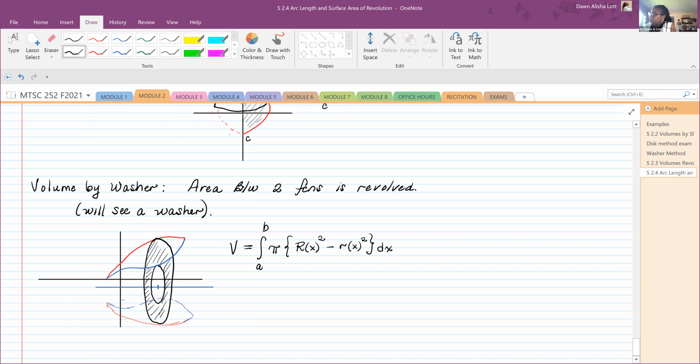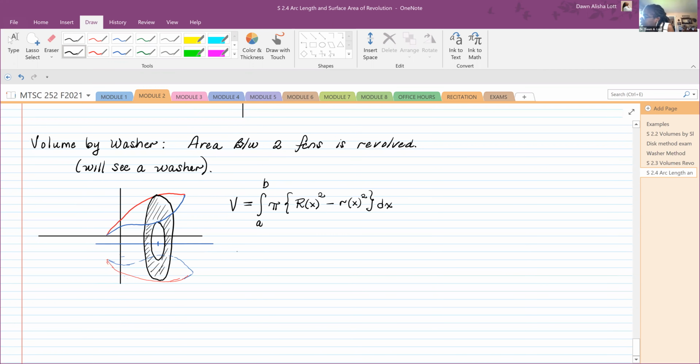And about the y-axis, I get the integral from c to d of pi times my big radius of y squared minus my little radius of y squared dy. So again, volume by washer.